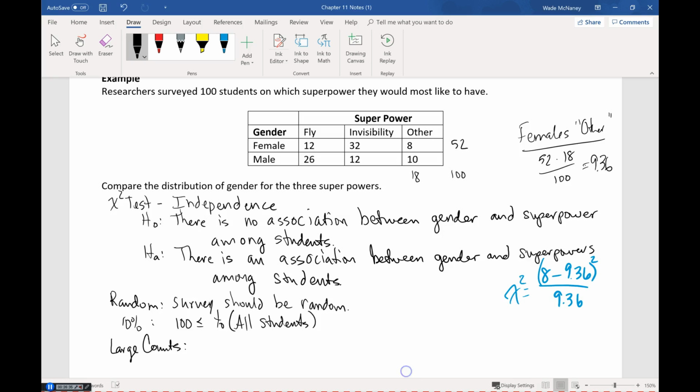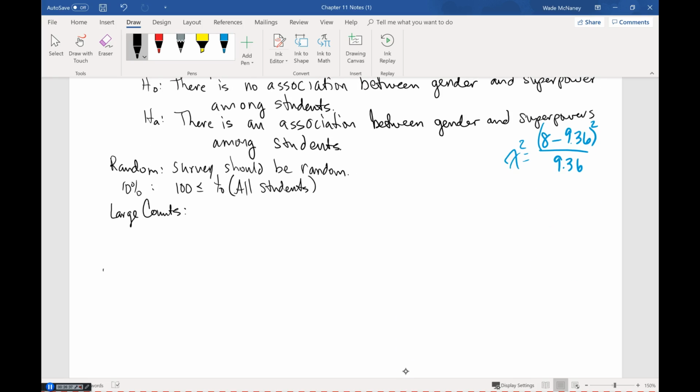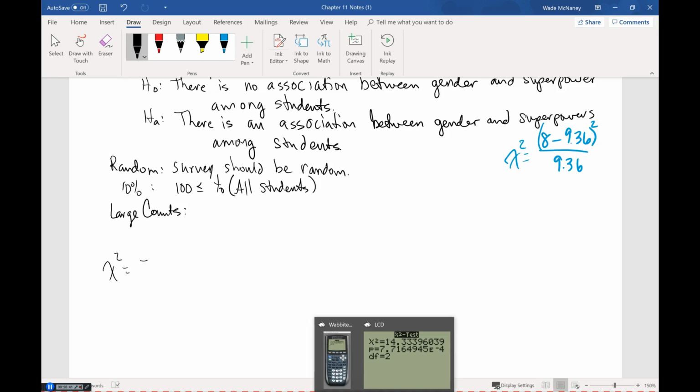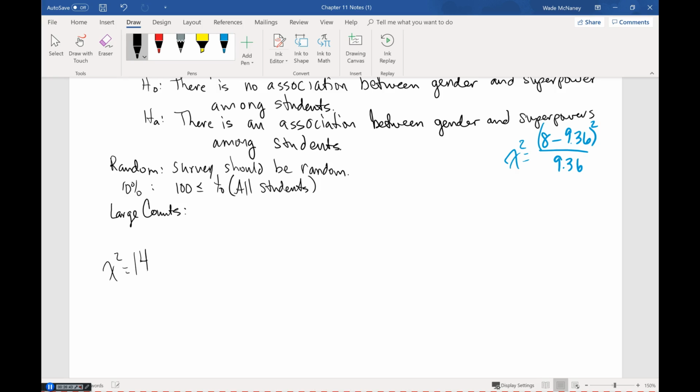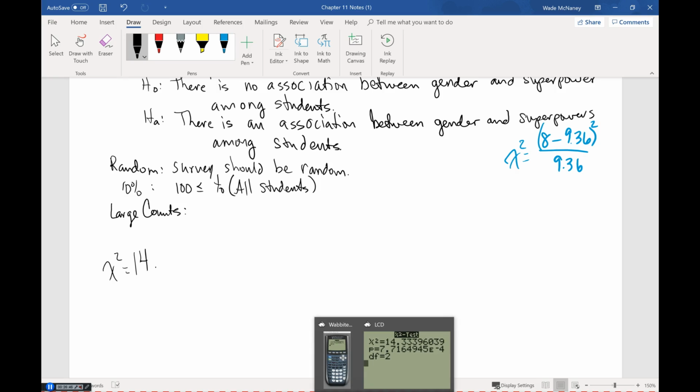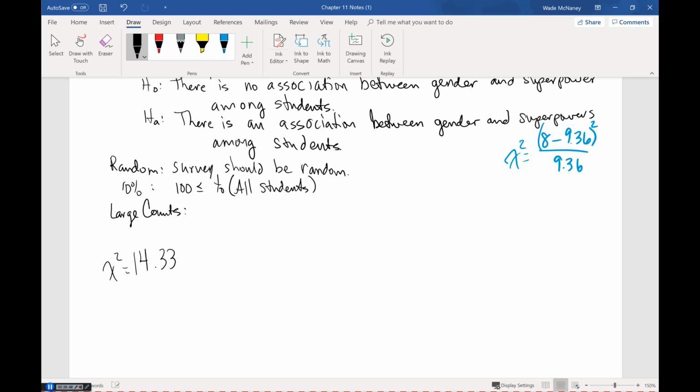So going back over here, I'm going to go ahead and record that information. My chi-squared value was 14.33. I had 2 degrees of freedom, and my p-value was 0.0007.